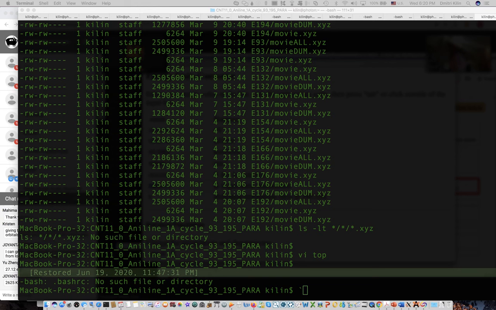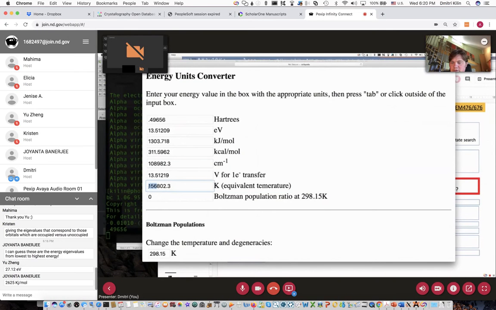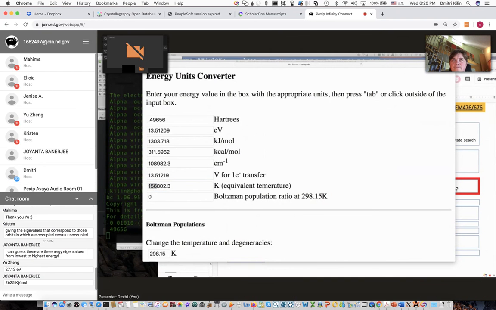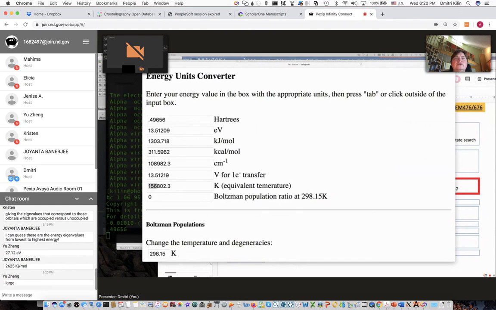How to interpret this value? What to compare with? This band gap energy is important for two purposes: one for color, second for conductivity.